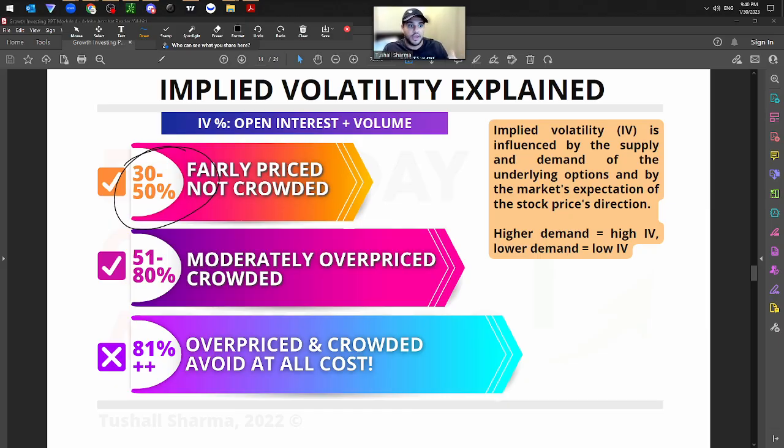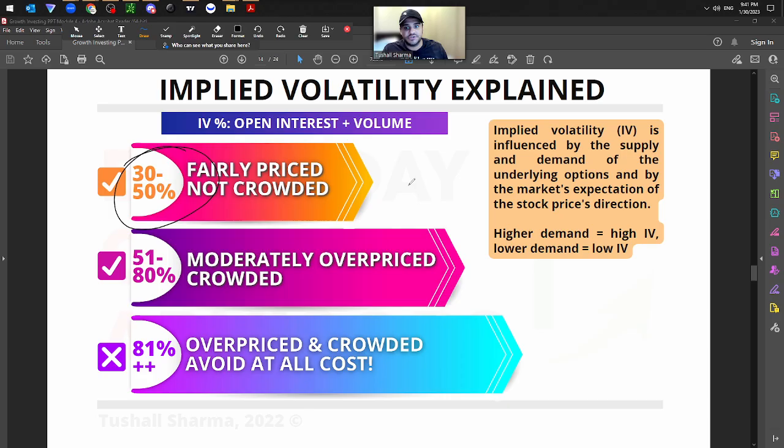Finally I got fed up and started to analyze things very deeply to understand that when things reach these levels, they're okay to trade, and when things reach higher levels, they're not okay to trade. So I've simplified it into this easy guide to know when things are fairly priced and overpriced.